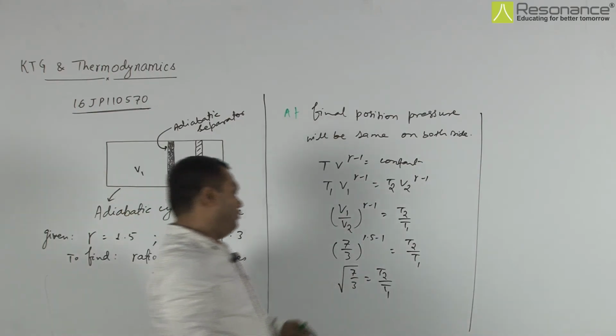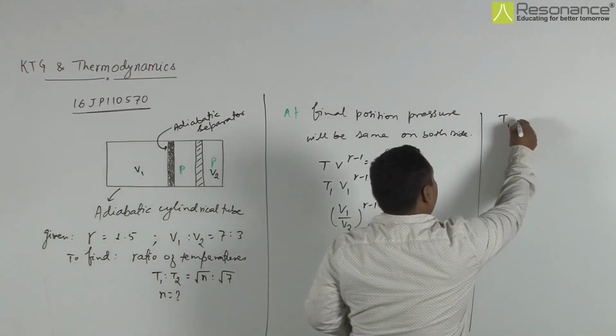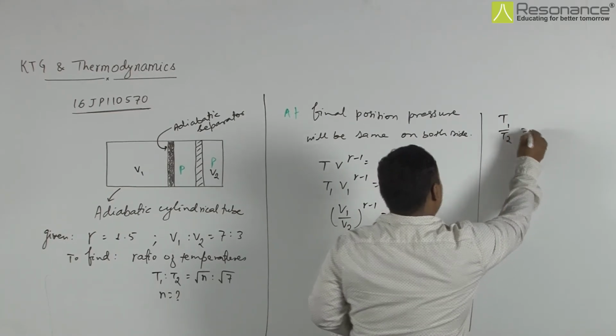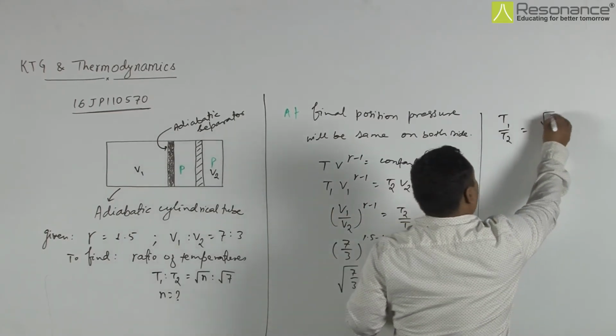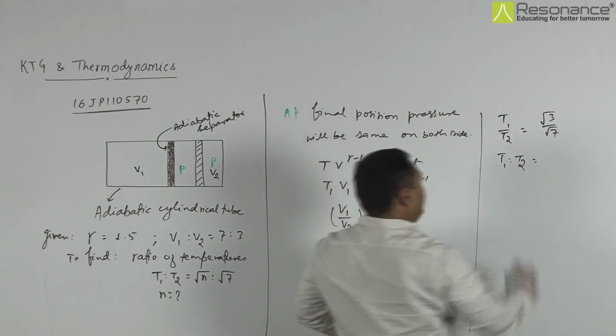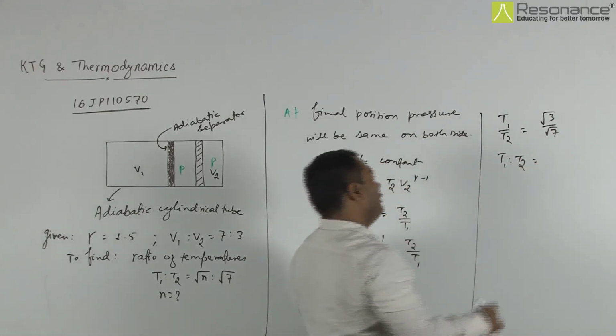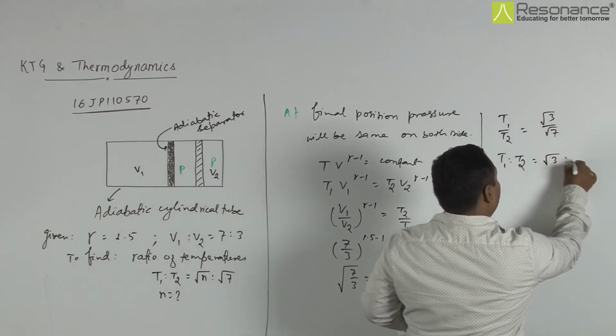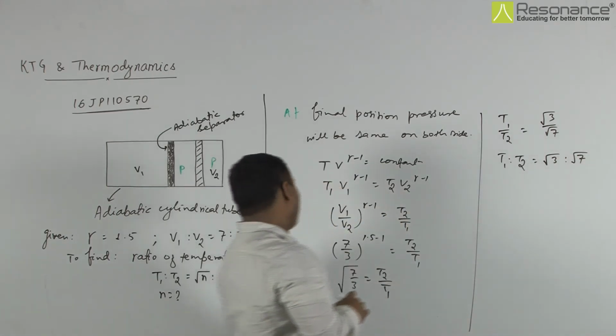We can flip it and write T1 upon T2 equals under root 3 upon under root 7, that is, T1 is to T2 will be equal to under root 3 is to under root 7.